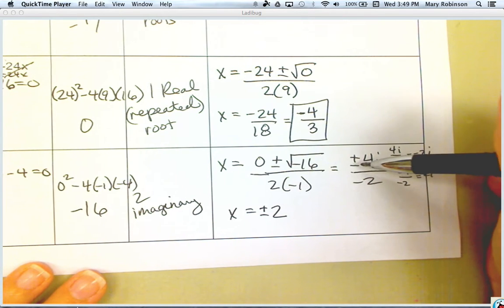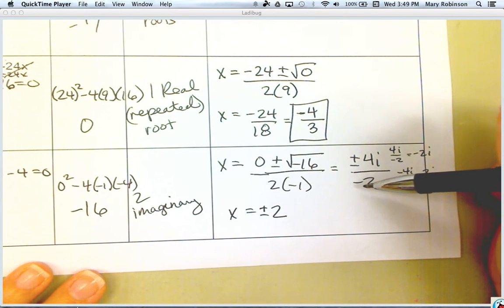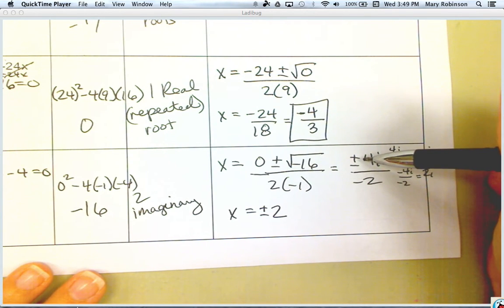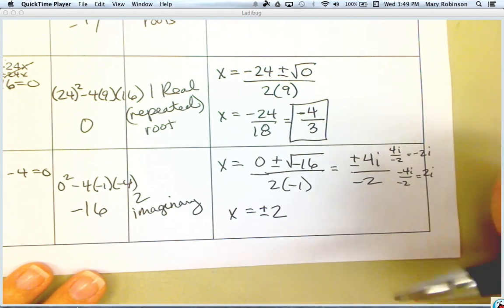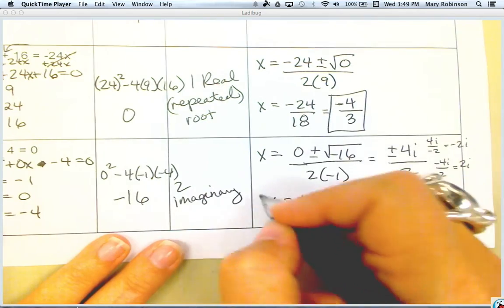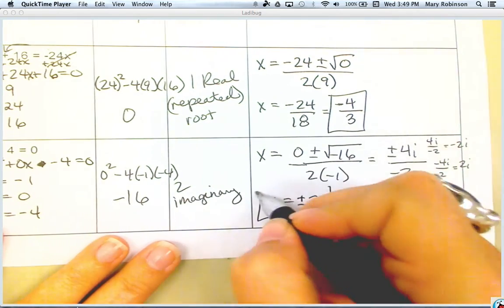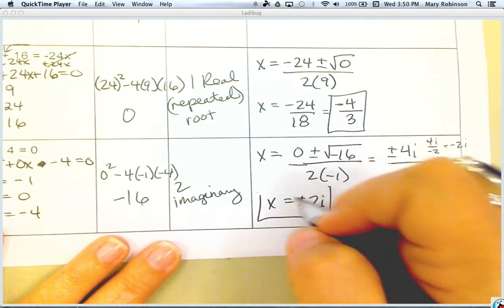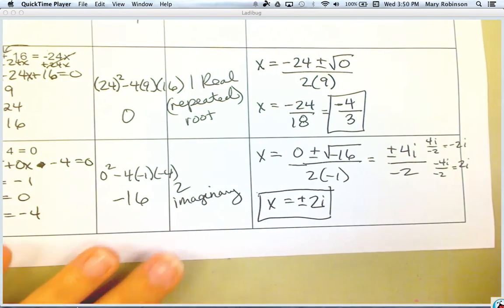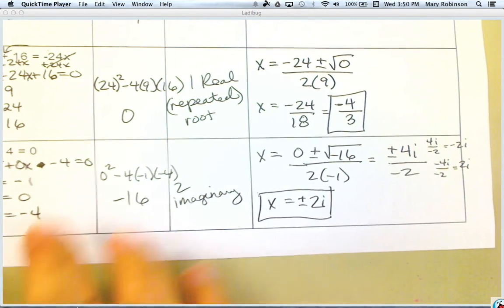So don't worry, whenever you have a plus or minus divided by a negative, technically I guess you can think of it like it changes it to, instead of plus and minus, minus plus, but it's the same thing as plus minus. So you get positive and negative 2, oh, sorry, I forgot my i. Okay, positive and negative 2i.